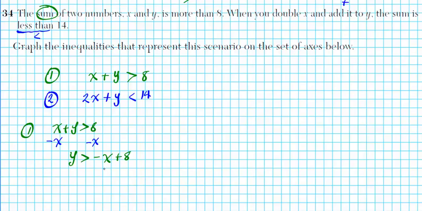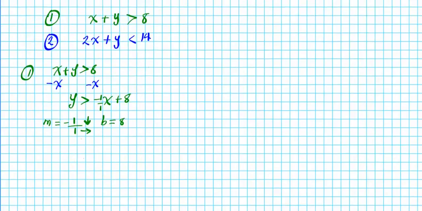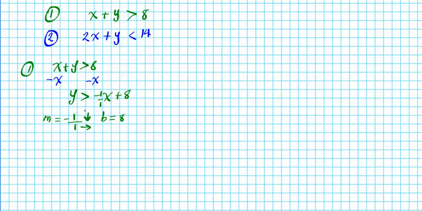In order to graph the line, we need the slope and the y-intercept. So there's a 1 over 1 here. So the slope m is negative 1 over 1. So we're going to rise negative 1, which is a fall, and we're going to run 1. And our starting point on the y-axis, where you begin, is positive 8. That takes us to the second point that defines the line with this linear inequality.